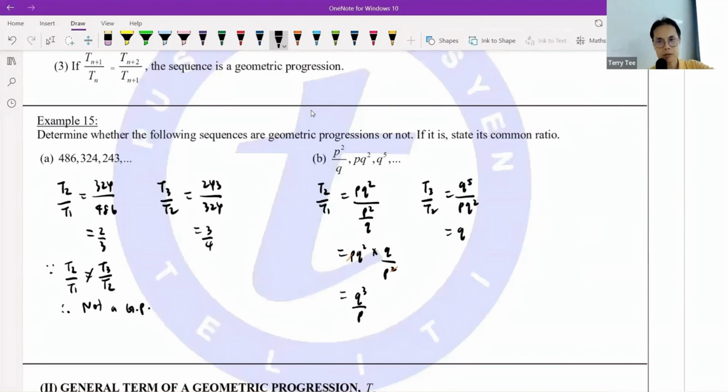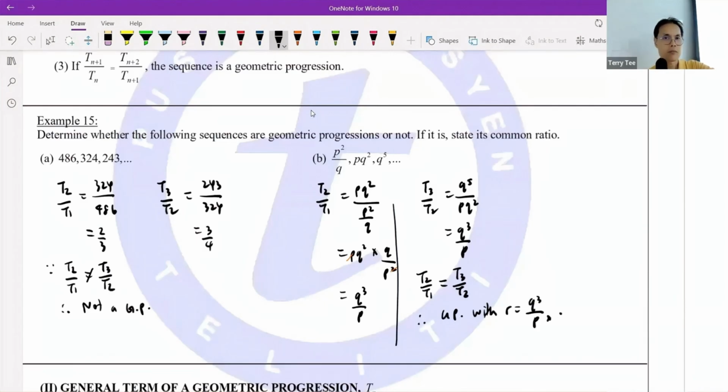Again, we can cancel to get Q power 3 over P. Now I can see that T2 divided by T1 is the same as T3 divided by T2. Therefore, this is a geometric progression with a common ratio of Q power 3 over P.